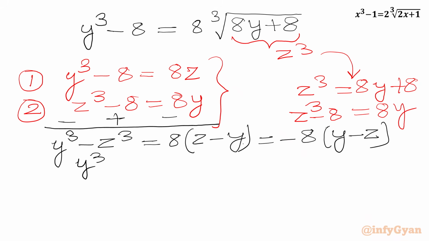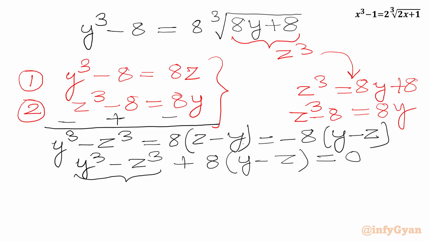So y cube minus z cube plus 8 times y minus z equal to 0. Now it is a difference of two cubes. We can use the formula. Let's apply the formula: a cube minus b cube is a minus b times a square plus b square plus ab. So we'll write here y minus z times y square plus z square plus yz.